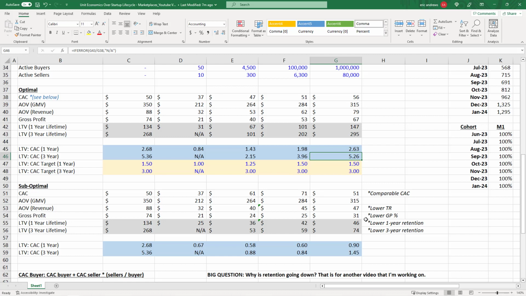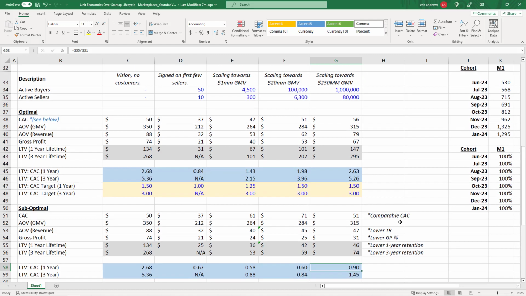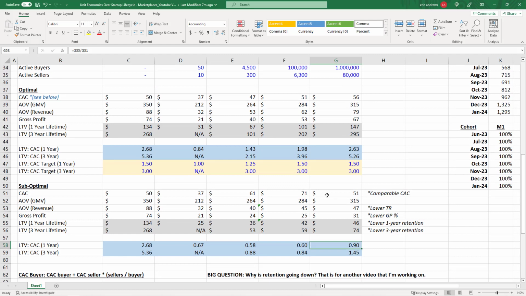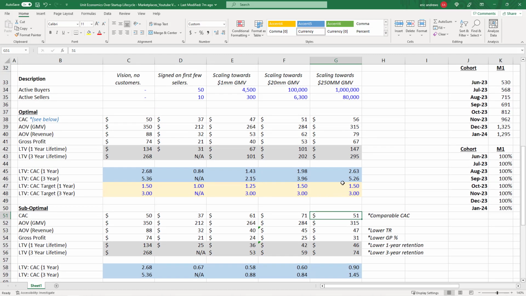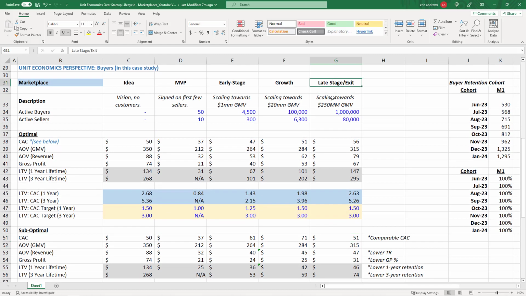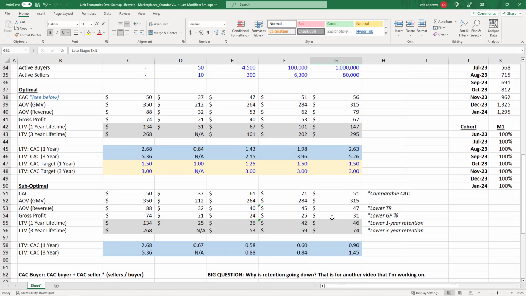Rather than in this business, when they acquire a customer, that customer maybe buys once or twice. And so this business would probably have a very hard time getting towards break even or profitability. But once you start getting to be a late stage business, you need to be able to start showing free cash flow positive metrics. And so this business probably wouldn't be able to do it.